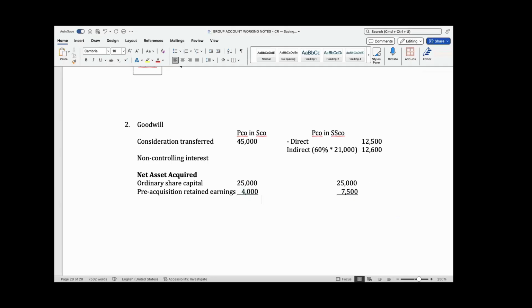So what's the addition of this? This 29,000. How about this? This is 32,500. So NCI in ESCO has 40%. That's 40% times 29,000.